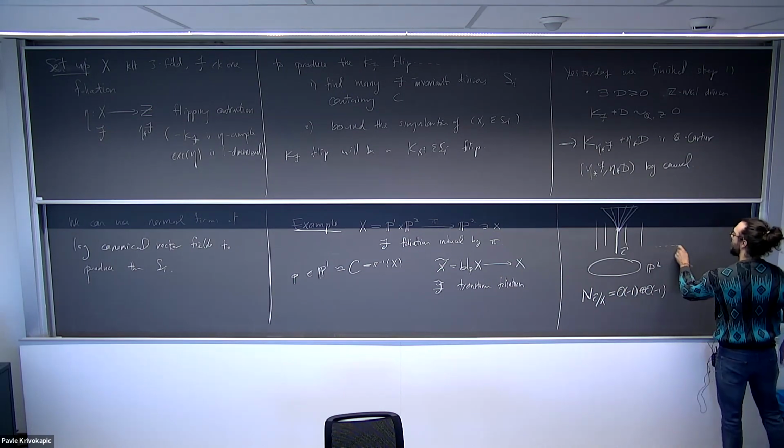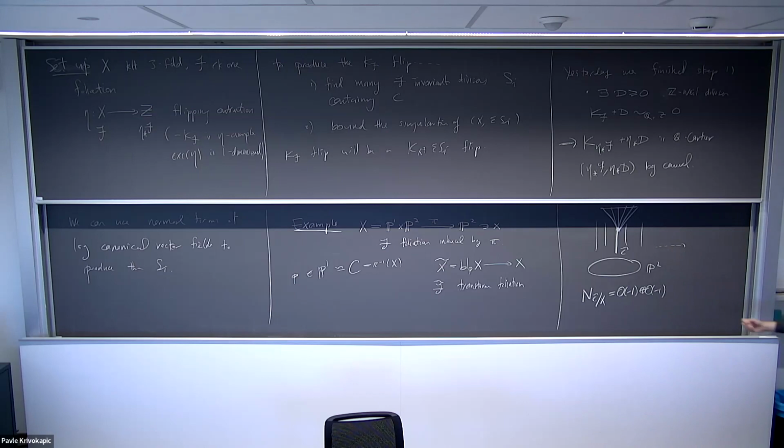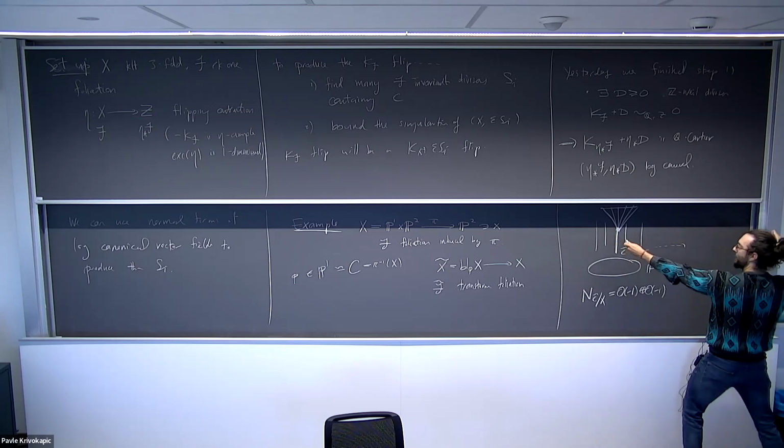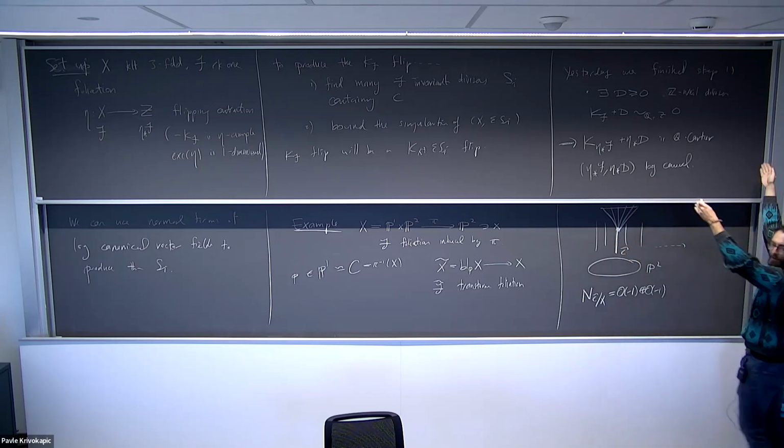And we can flip it. And what's happening in the flip? The flip is going to look like we blow up C2 and then blow it back down in the vertical direction.